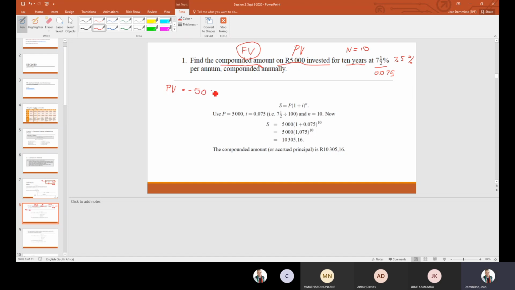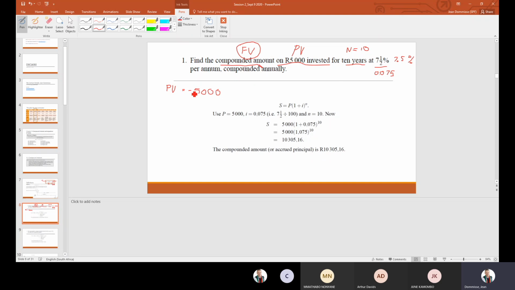It's always good that one of your values, and I think that is also just a note, needs to be a negative for the calculator. So if you don't make your present value negative, your future value will be negative. So it's not that it's wrong.